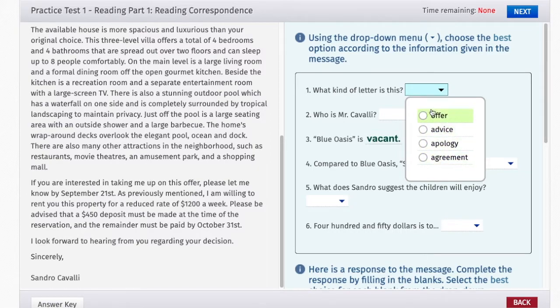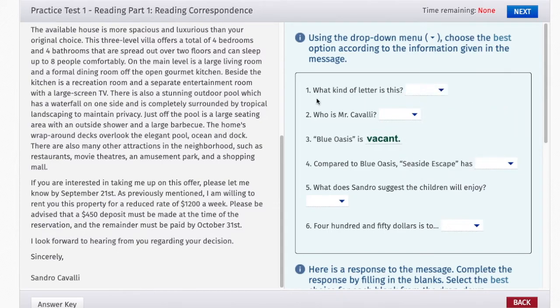This answer here will be about the whole email, understanding the kind of email it is to select the better choice. So, vocabulary and the overall context are most important.